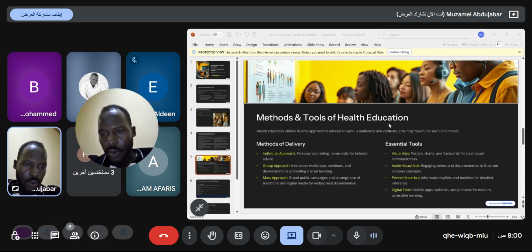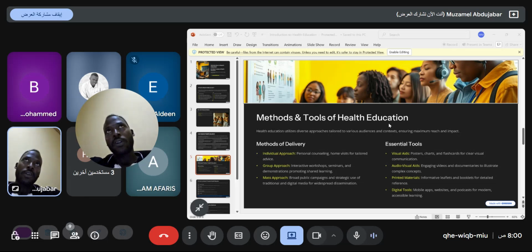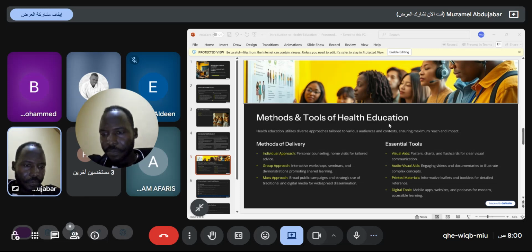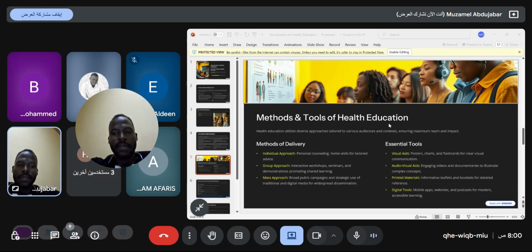The third tool is printed material, informative material, like informative lists, booklets, and references. It is like a book, or a booklet, or small papers, like one page where you write your message and send it to your population.